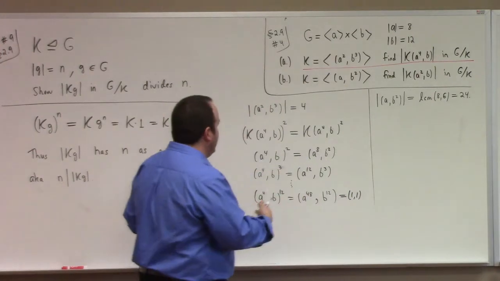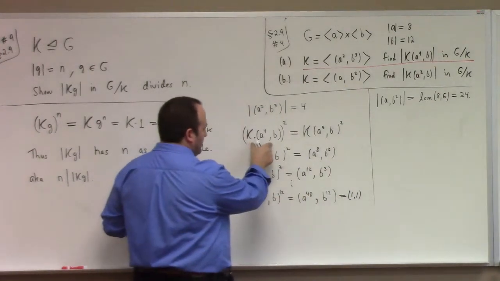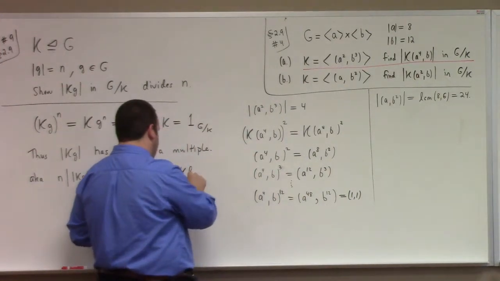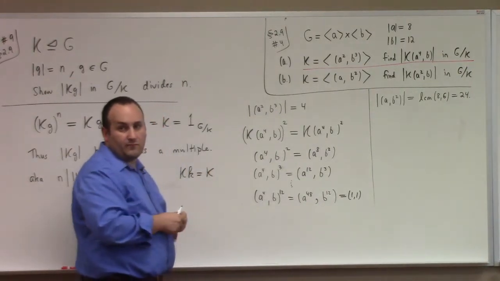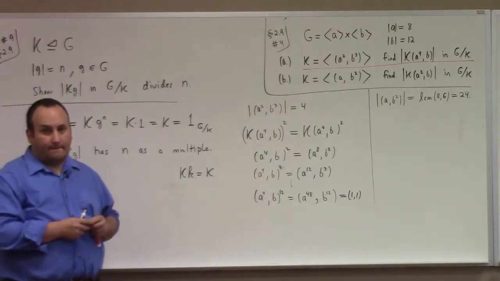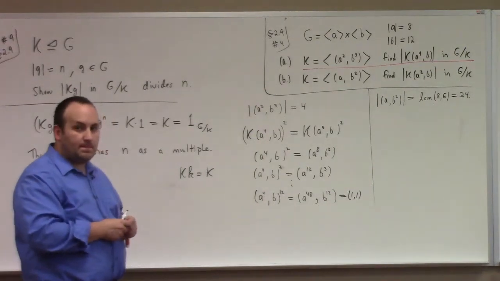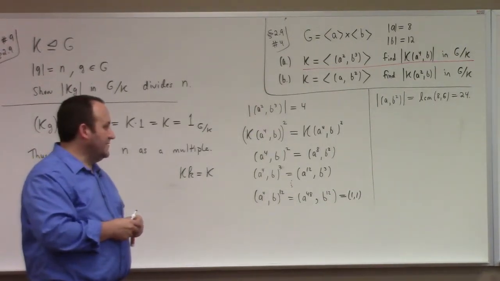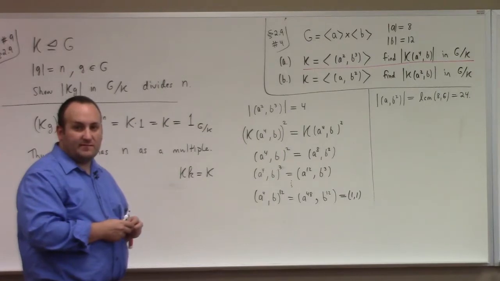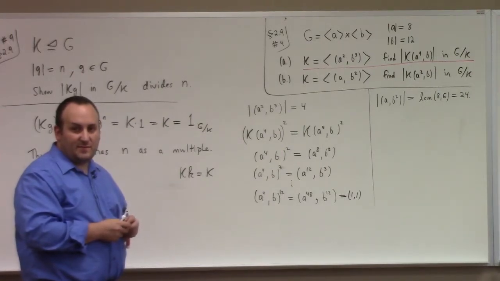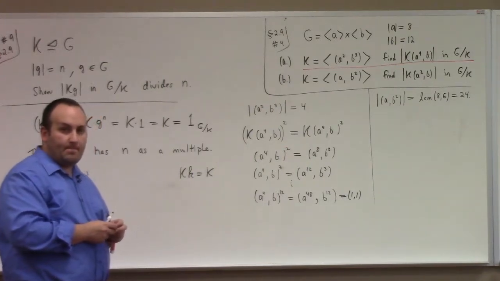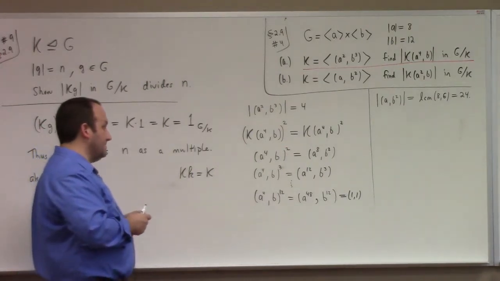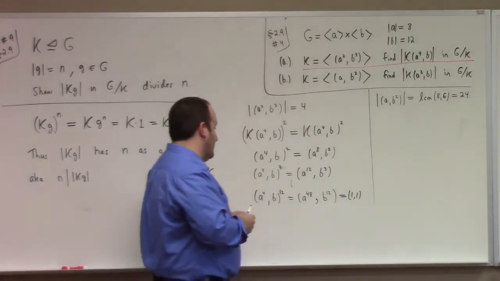But that's not even what I need, is it? I need to take advantage of the fact that anytime we have KK, we get K again, right? So, oh, we need something. Yeah, I mean, we don't have to wait till we get back to 1. It suffices to get back to something that's in K again. So would it be order 3?